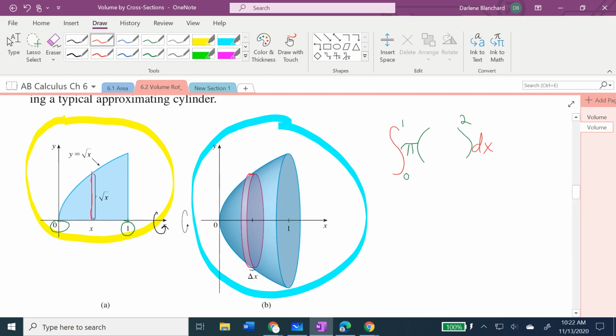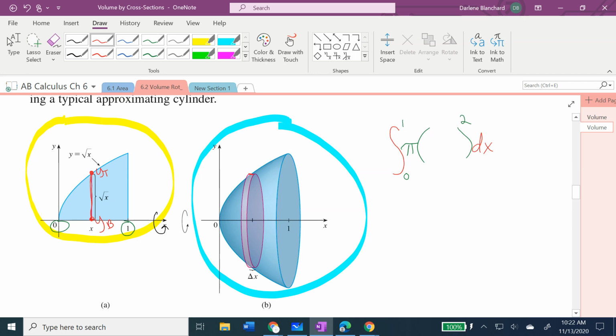Perpendicular to the axis of rotation is your radius. And that radius is formed by subtracting two y coordinates, your y top and your y bottom.